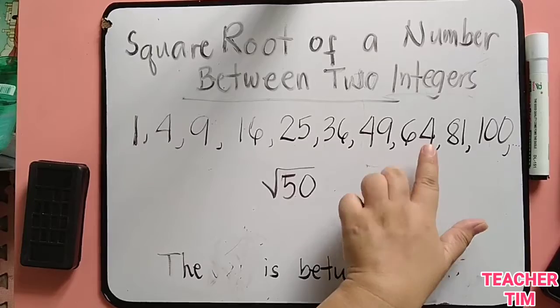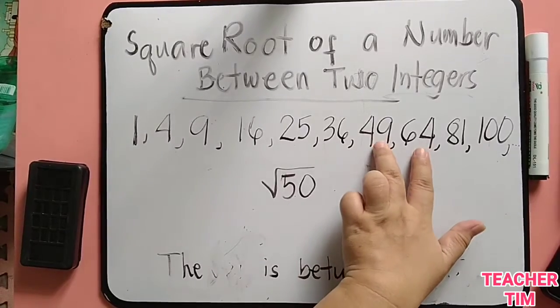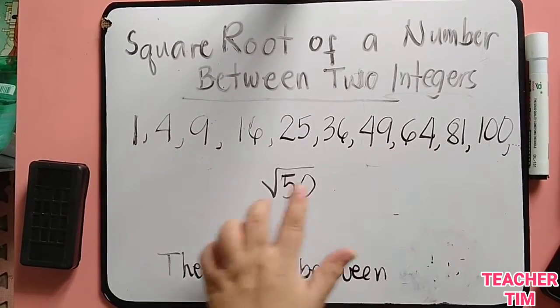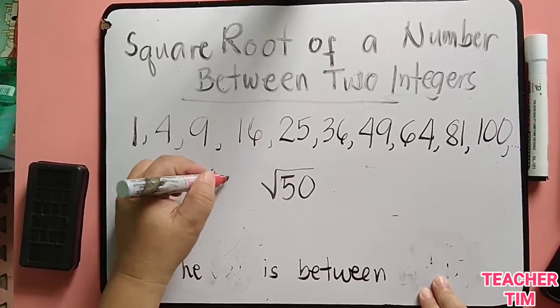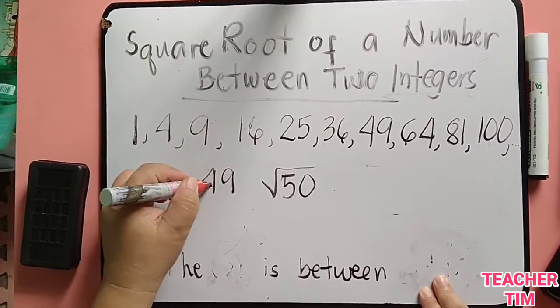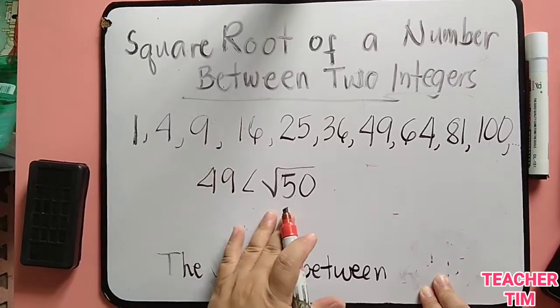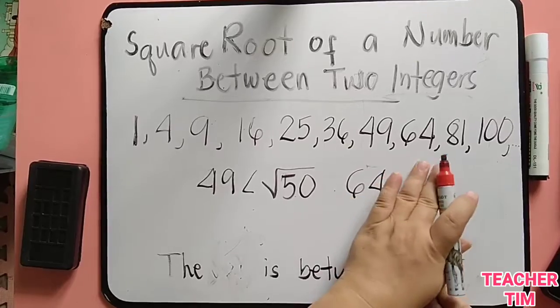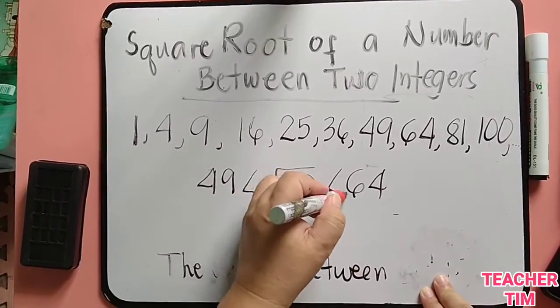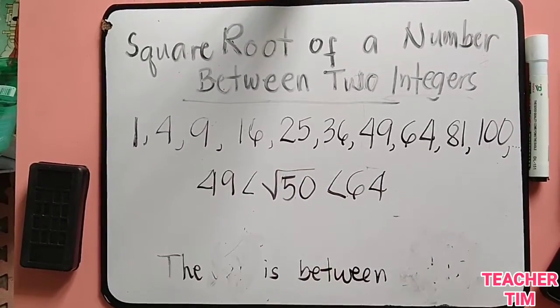So 50 is in between 49 and 64. 49 will be placed here, which is less than 50, and on this side is 64. Of course, 64 is greater than 50.